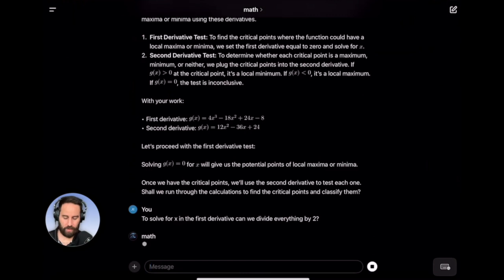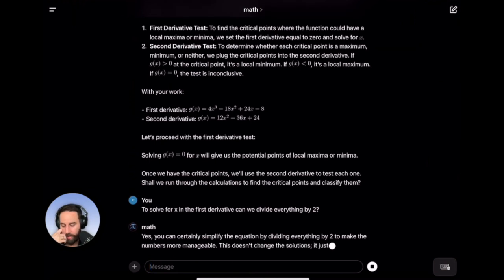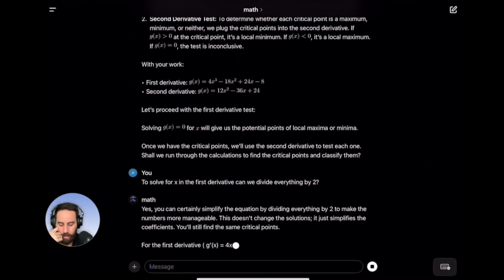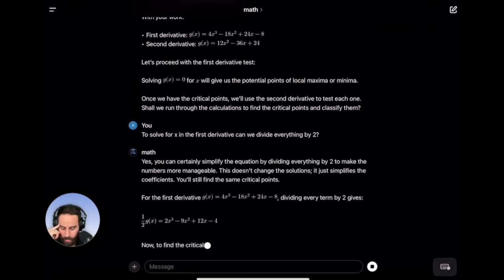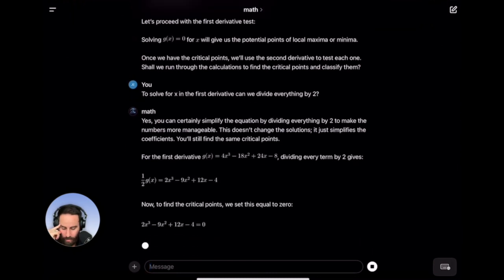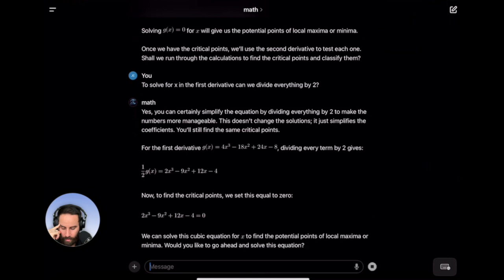It looks like everything's divisible by 2. So you can have 2x cubed minus 9x squared plus 24x minus 4. Simplify that. Now to find the critical points, we set this equal to 0.